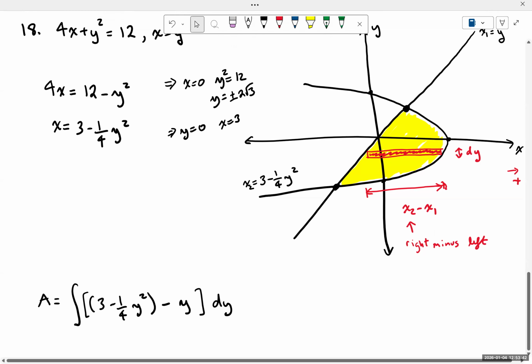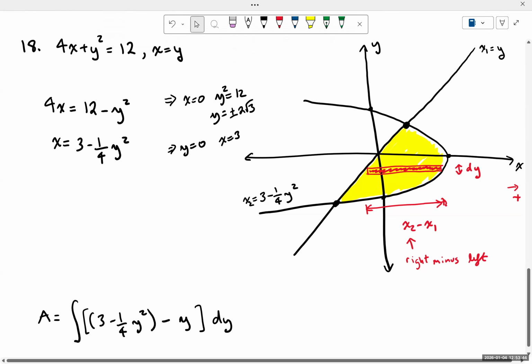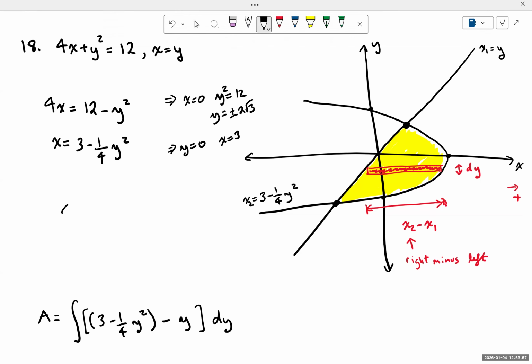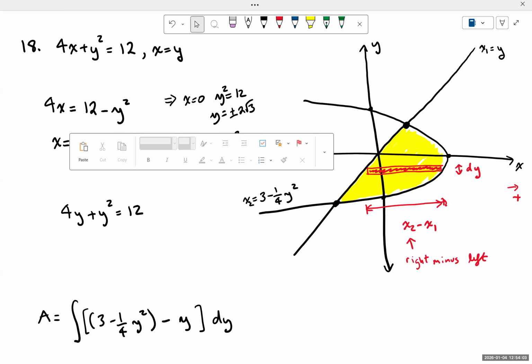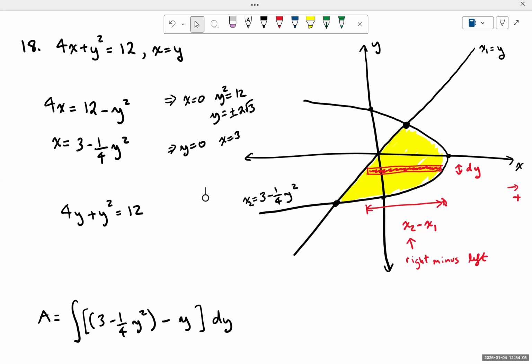Obviously, when they're equal, x equals y, so I can just plug in y for x here. Or I can set the two equal, and it's the same thing, right? This may be a little bit easier. So this gives me y squared plus 4y minus 12 equals 0.